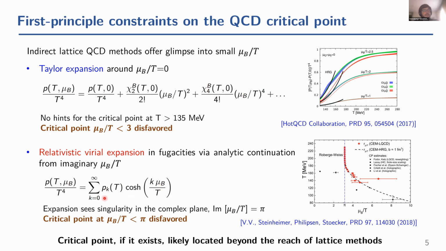And this you can also do by using clever mathematical tricks like performing calculations at imaginary value of baryochemical potential and then doing analytic continuations to real μB. And the analysis of this kind of expansion also indicates that there is no indication for critical point at values of μB/T less than roughly π. Therefore, a critical point, if it exists, is likely located beyond the reach of the current lattice methods.